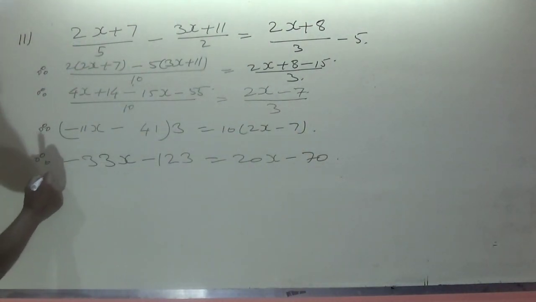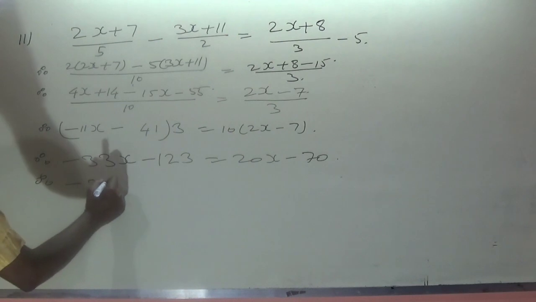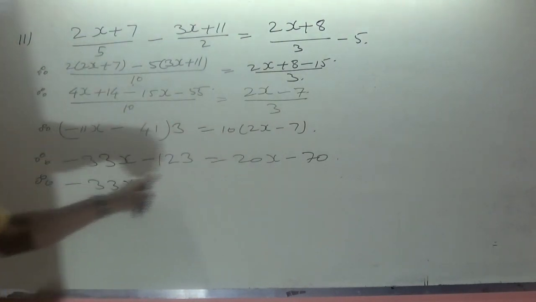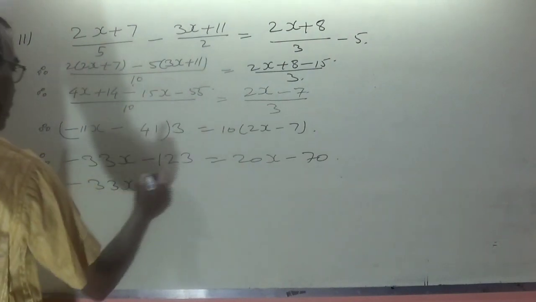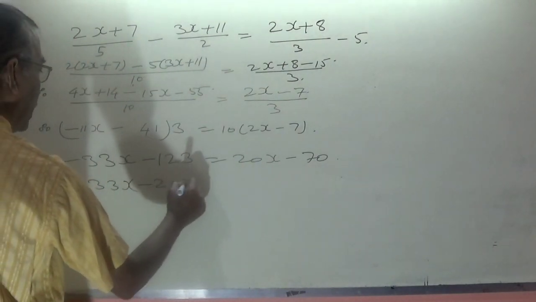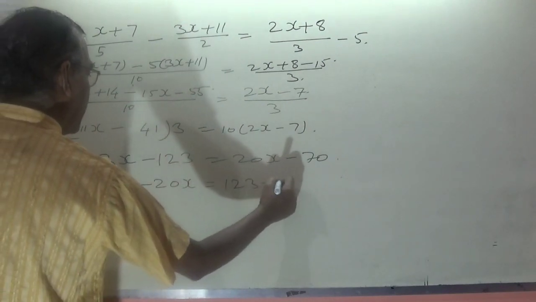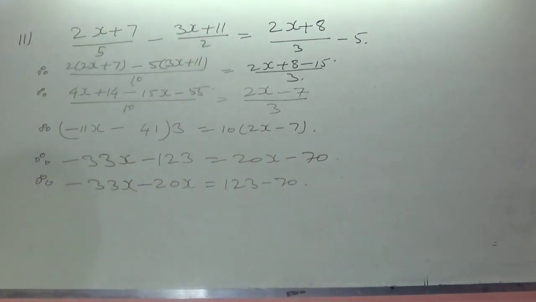Therefore, minus 33x, I am going to put all the x together, that is minus 20x is coming here, equal to plus 123 is going there, minus 70.